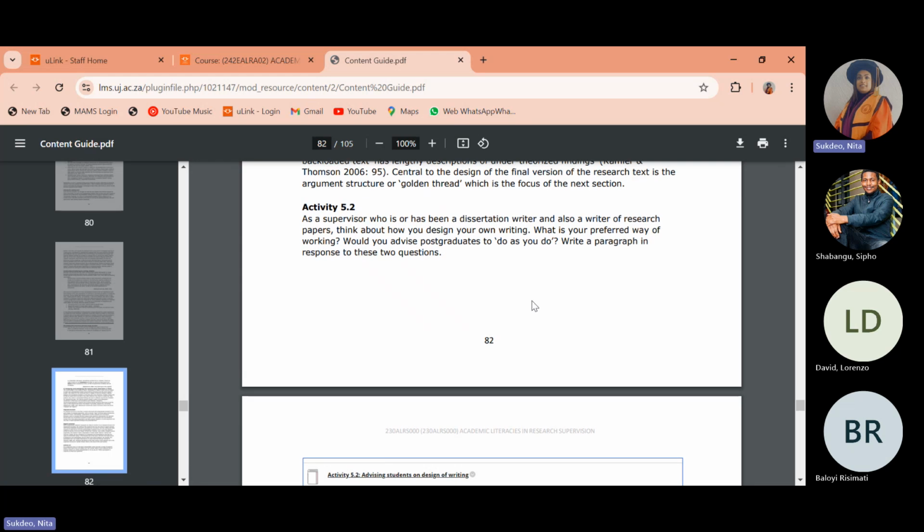Which takes us to activity 5.2. As a supervisor who is or has been a dissertation writer or also a writer of research papers, think about how you design your own writing styles. Because a lot of the time what we do is whatever we learned, and when I started supervising, I learned from my supervisor on how to supervise, how to write. So when I was teaching and guiding my students, I used what I learned along the way, right?